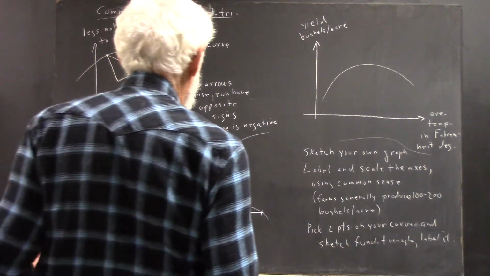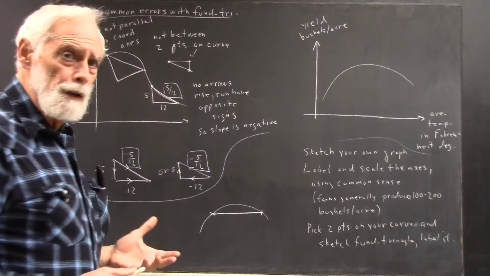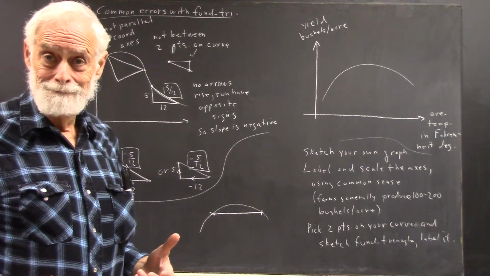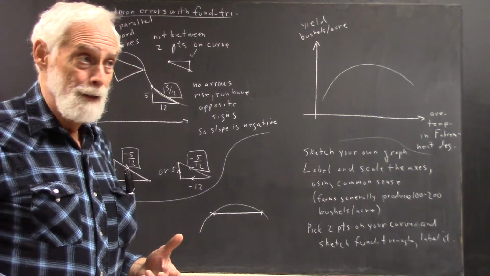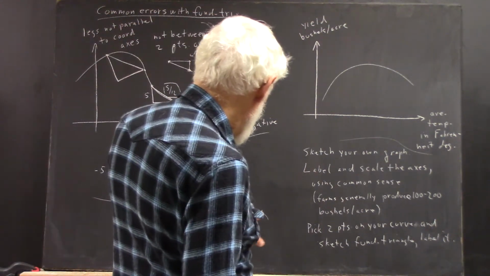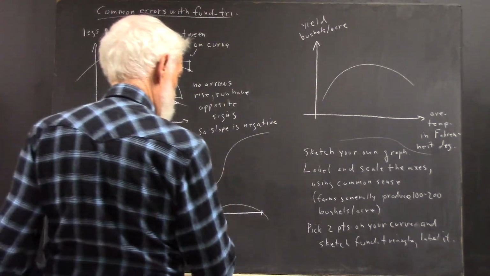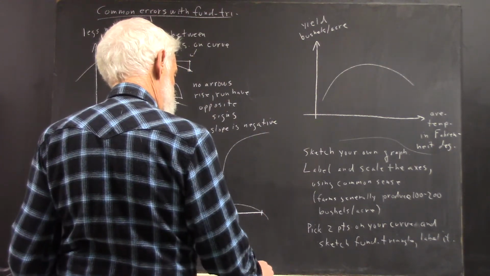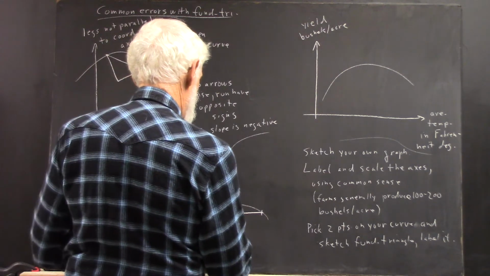The 2 sides of your triangle have to be parallel to the coordinate axes, okay? Now, one of these points is a little bit higher than the others, the way I drew it. So I'm going to use a slightly different color.